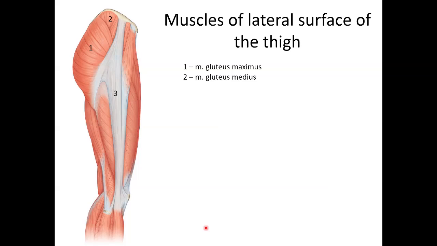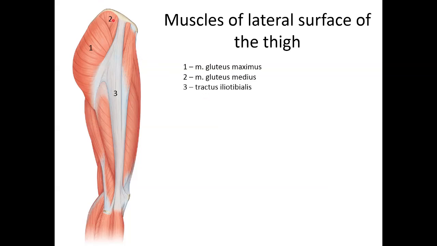Fascia lata, like a carpet, surrounds the thigh from all sides, but previously we cut it and removed this sheet of fascia lata from anterior and posterior surfaces, and only here laterally, this most thickened part of fascia lata, we can see it called tractus iliotibialis.